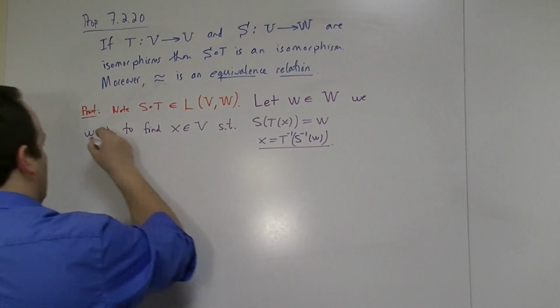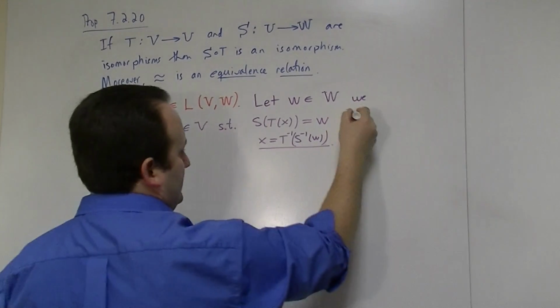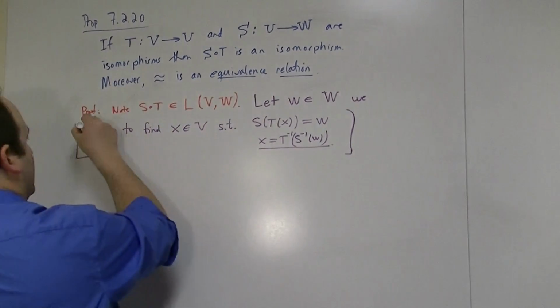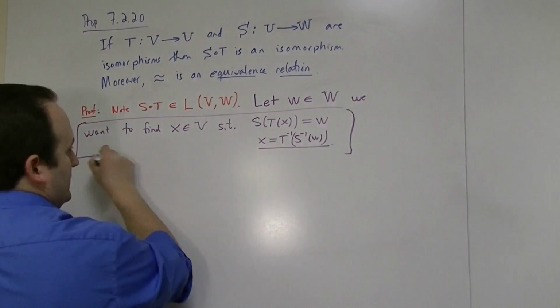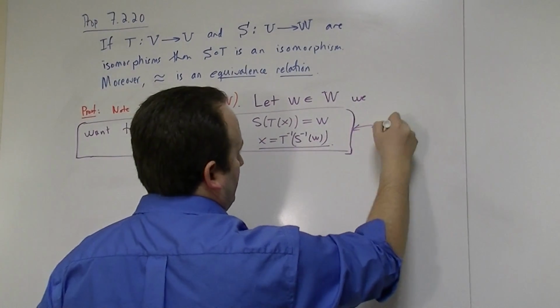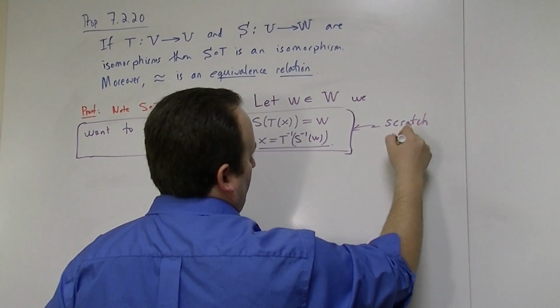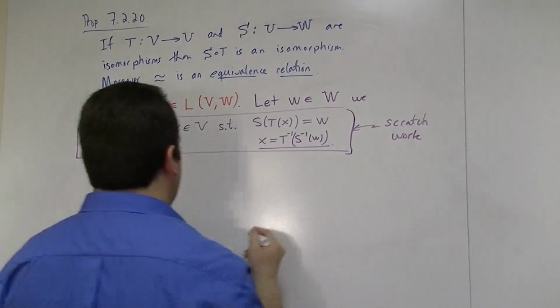So this is a parenthetical comment. This isn't actually part of the proof. Okay, so we put a box around it. This is scratch work, but I suppose it's not bad to show you it.